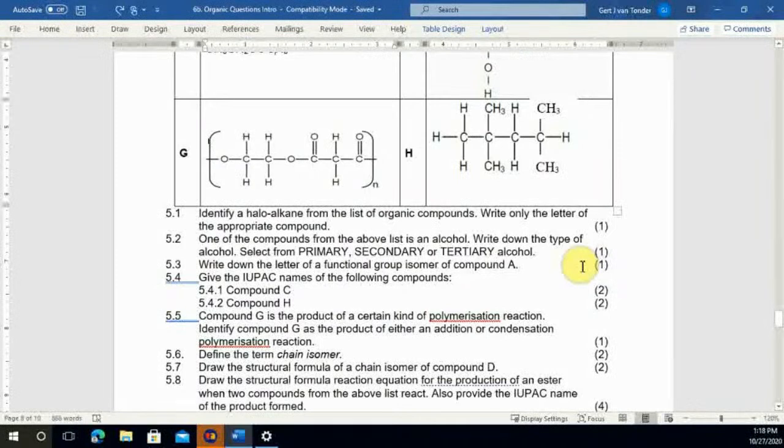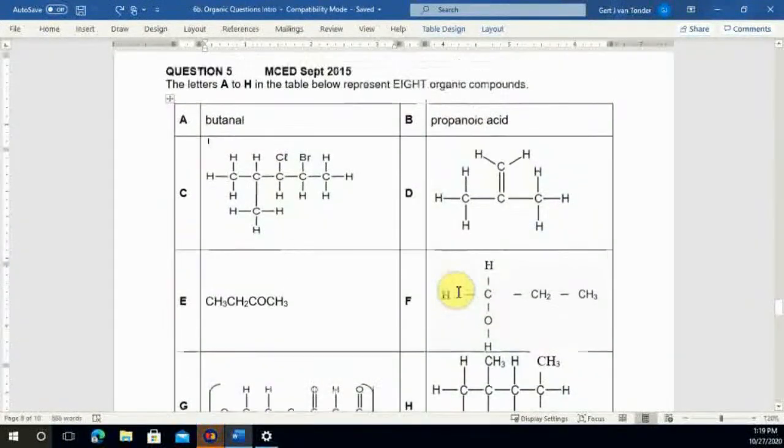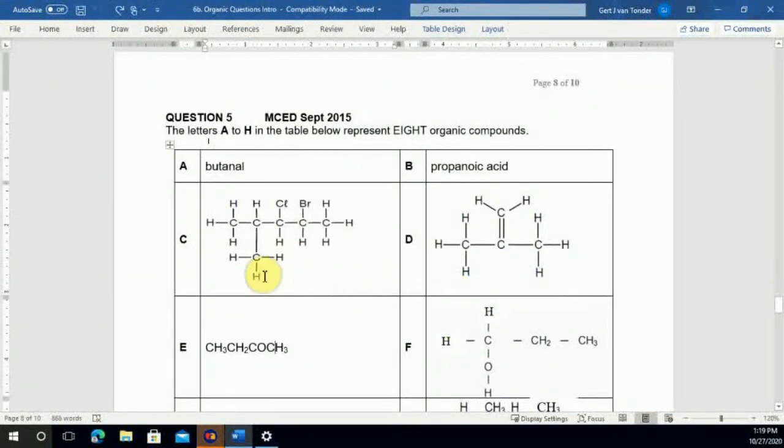when we stopped at 5.3, 5.4. Give the IUPAC names for the following compounds. Compound C. If we look carefully at compound C, we see the longest chain is 1, 2, 3, 4, 5 carbons. We have a methyl on that carbon. We have a chloro on the middle carbon. We've got a bromo on that carbon.